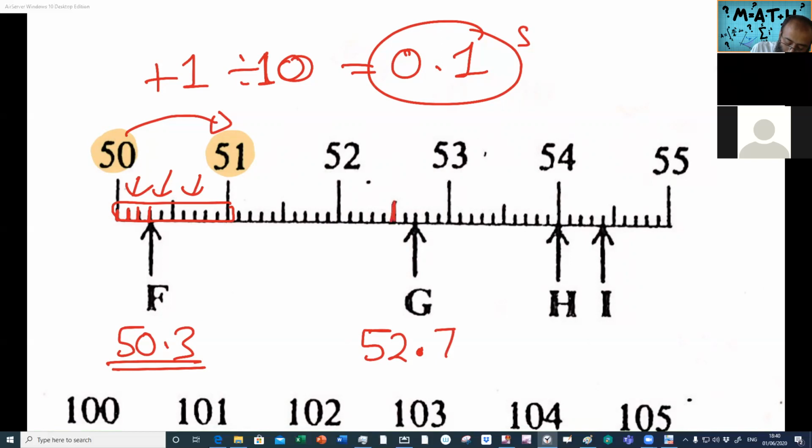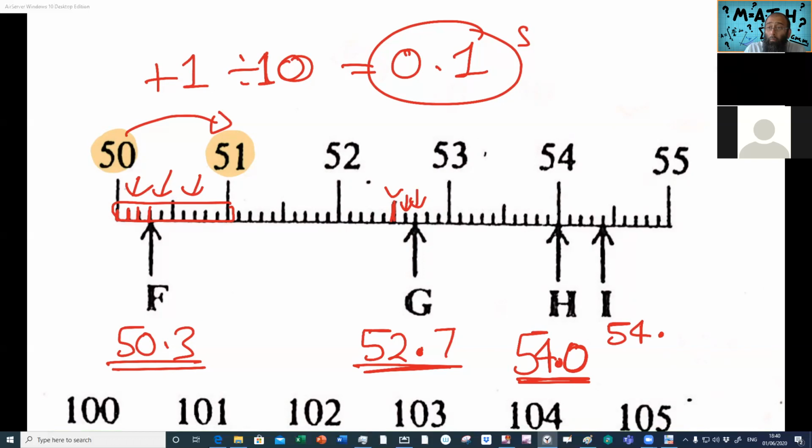Because that's 52.5 here, then 0.6, and then 0.7. What's H, Iman? H is going to be 54.0. Absolutely, 54.0 is bang on the 54. Okay, what about I? I is going to be 54.4.